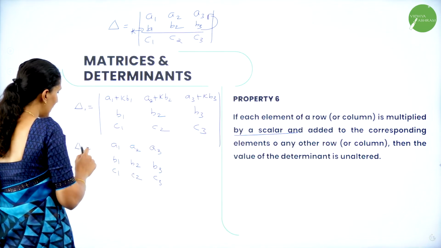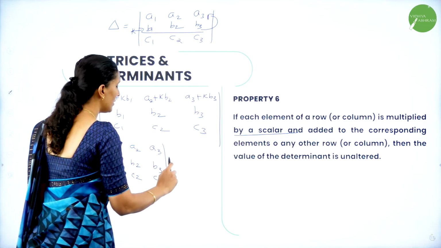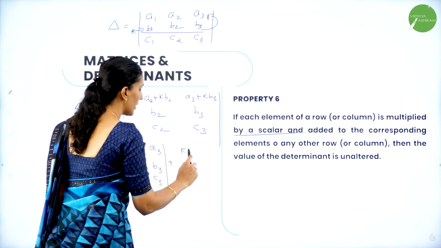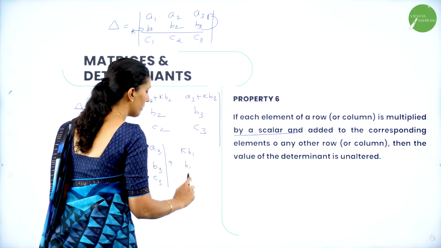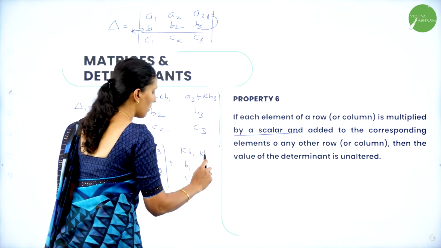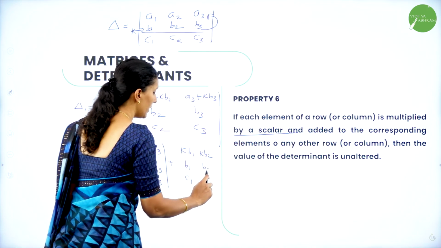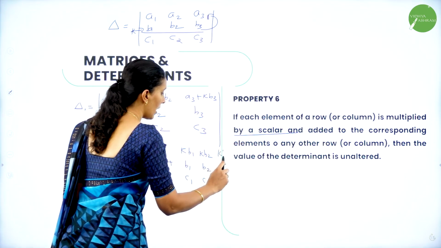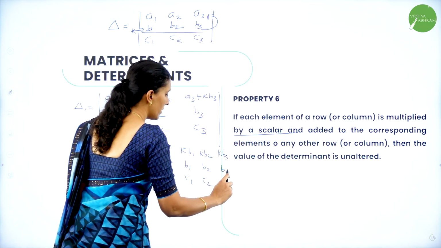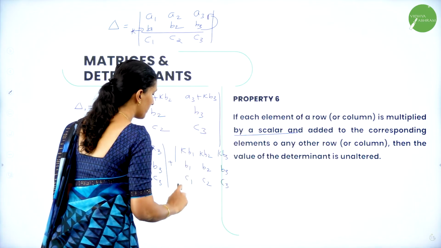Let me take this as delta 1 instead of delta. And the second one can be written as kb1, b1, c1, kb2, b2, c2, kb3, b3, c3.